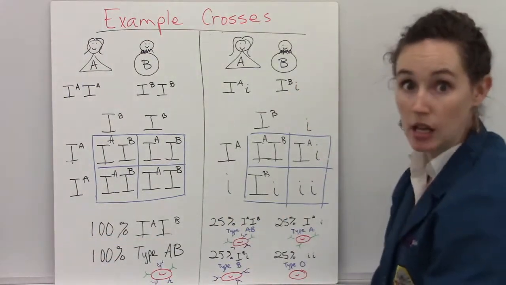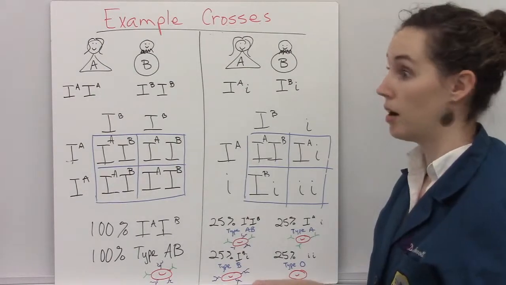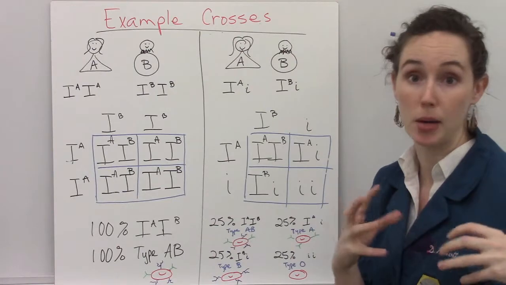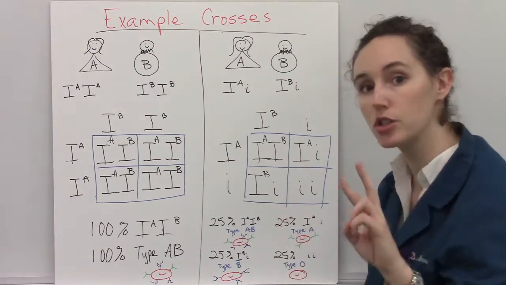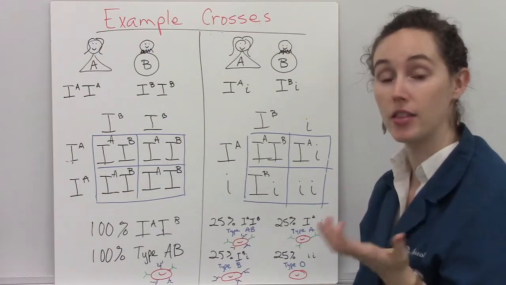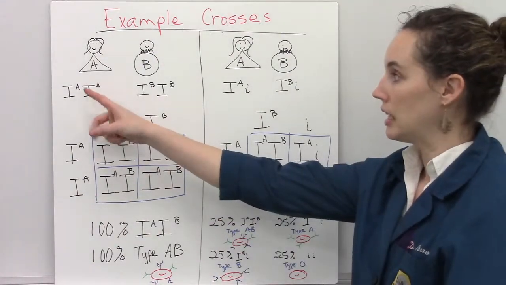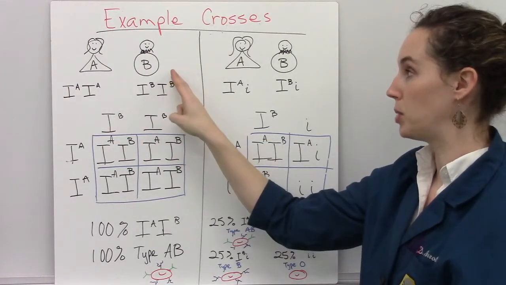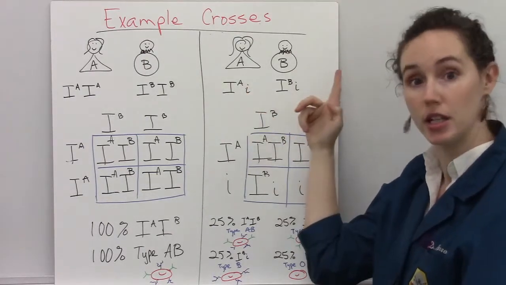Multiple alleles means that you can cross a lot of different combinations and come out with a lot of different genotypic and phenotypic ratios. I'm just going to show 2 here. In this case, I'm going to have a mom with type A and a dad with type B. I'm also going to have a mom with type A and a dad with type B over here.